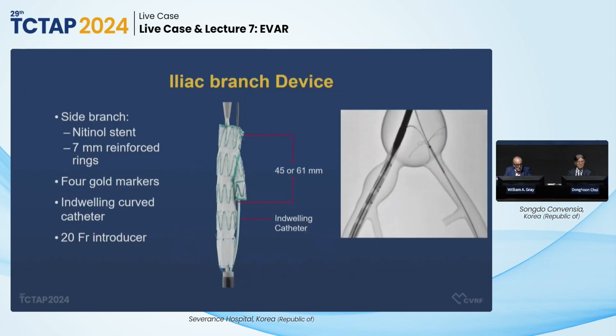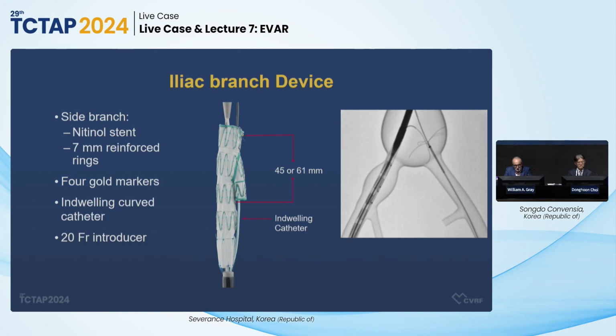Next. This is the iliac branch device. The important thing is to place the IBD at the exact targeted place. So this device has 4 gold markers.